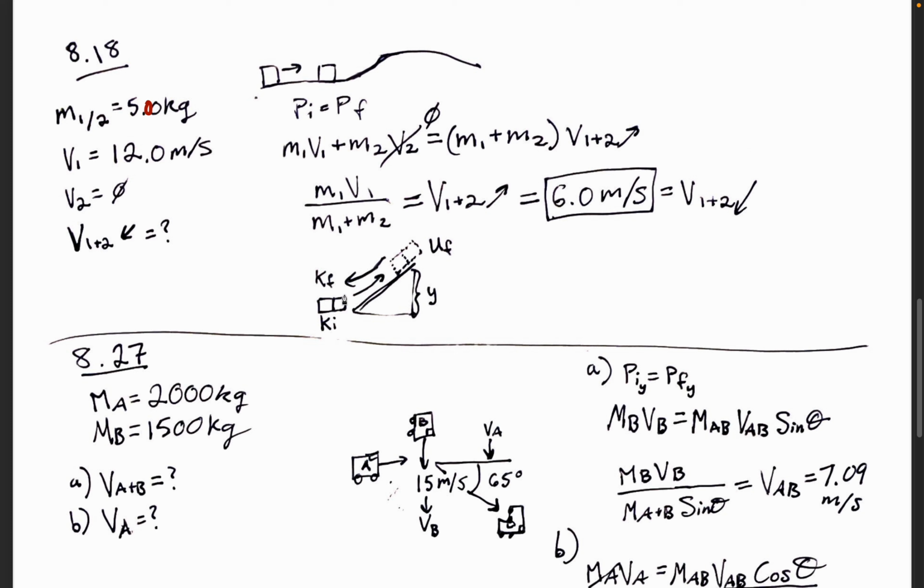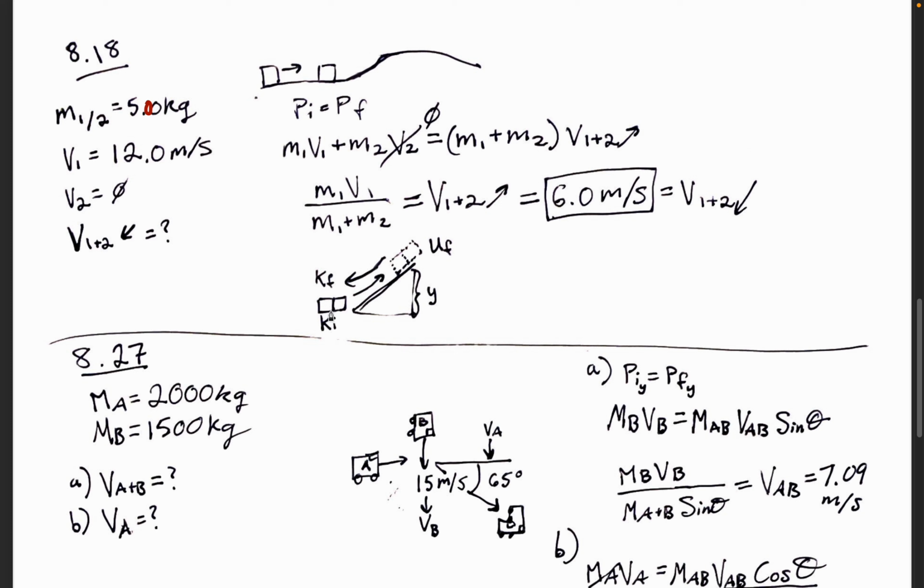And if you look at this figure here, the kinetic energy initial is going to be transferred fully into potential energy final over here. And then once it's converted all of its energy, it's going to start reconverting that potential energy into kinetic energy to get this second final one.